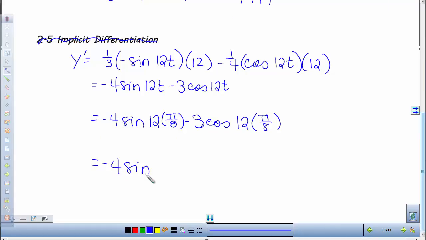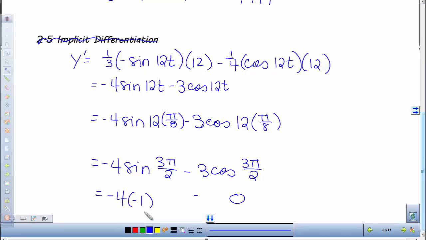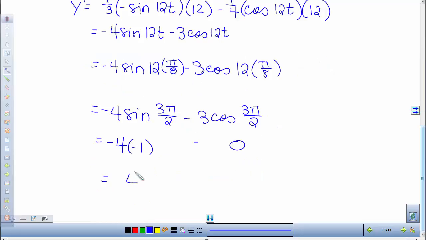Again, 12 times pi over 8 is 3 pi over 2. We already said that cosine of 3 pi over 2 is 0, so this whole piece is going to be 0. And then sine of 3 pi over 2 is -1, so -4 times -1 gives us 4. And this would be feet per second for our velocity.